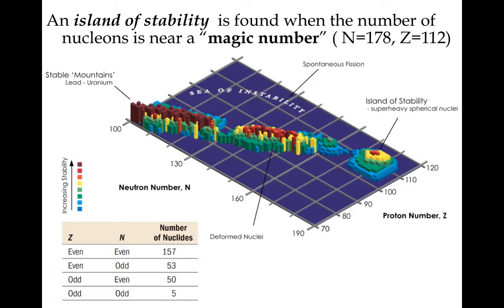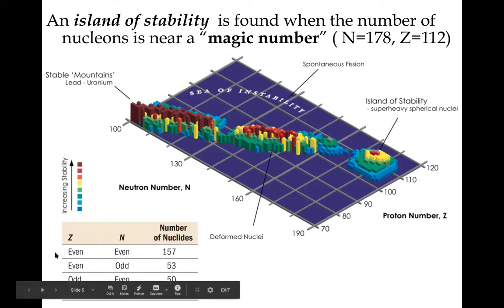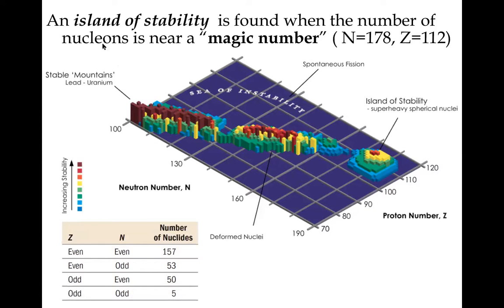Interestingly enough, if you have an even number of protons and an even number of neutrons, right here, even and even, if that combination exists in a particular nuclide, that's going to give you 157 stable nuclides.